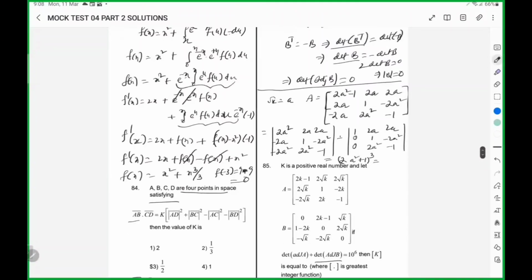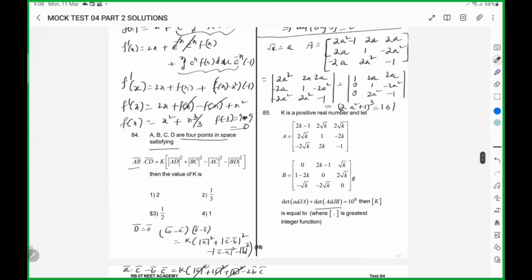So this is that of B. The determinant of adjoint B, we are given as B whole square, that is 2A square plus 1 whole power 6, which is 10 power 6.